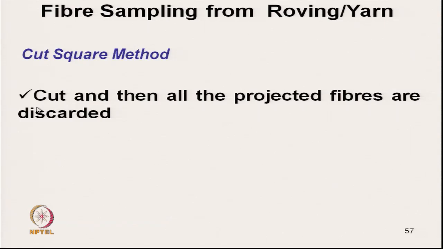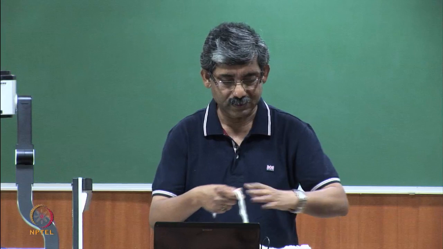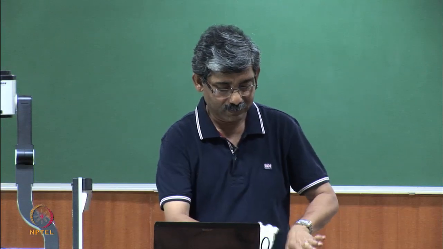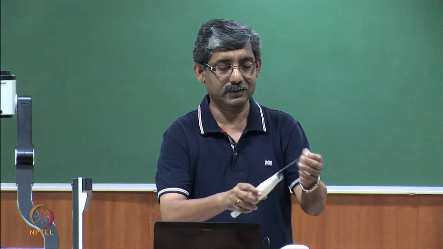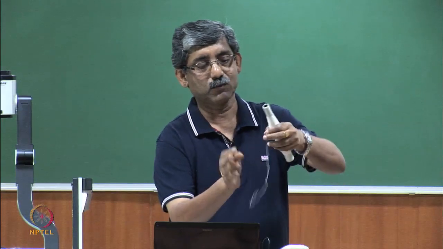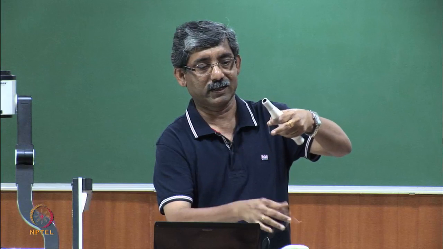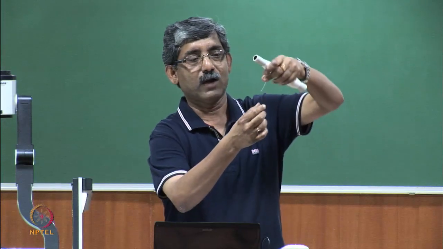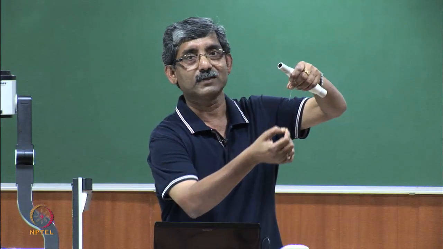Cut the end of the strand and then all projected fibers are discarded. Suppose this is the yarn, and we have to take a sample from the yarn. First we cut it, then we take out the fibers.